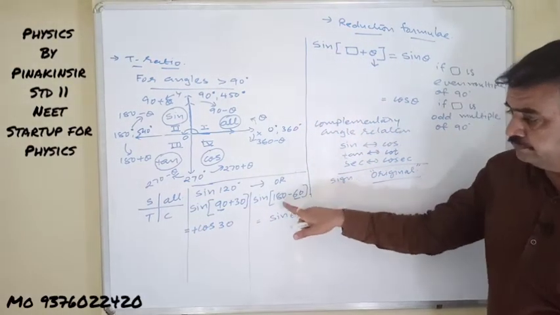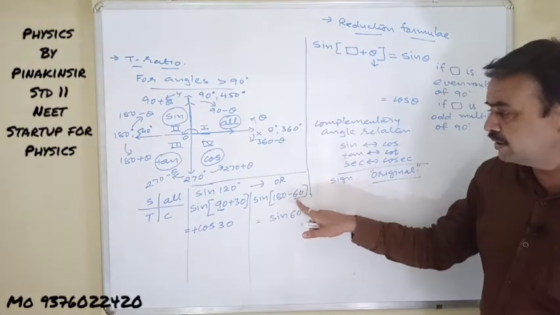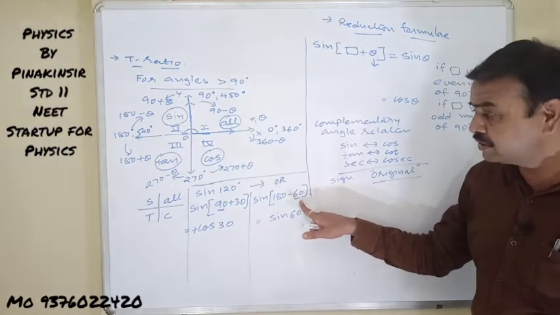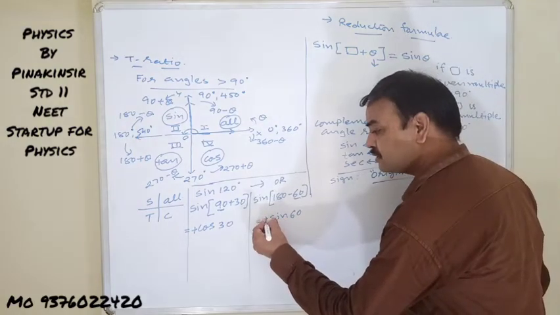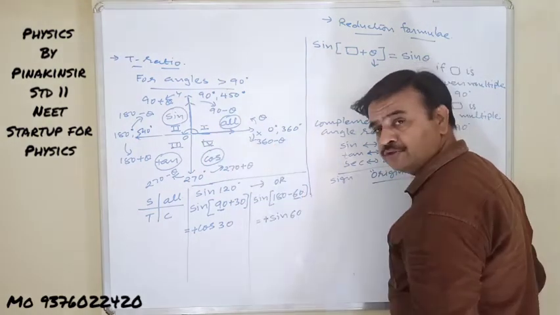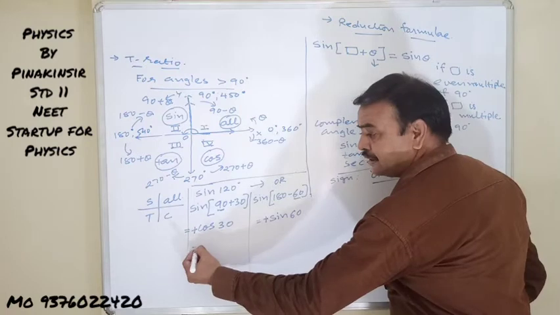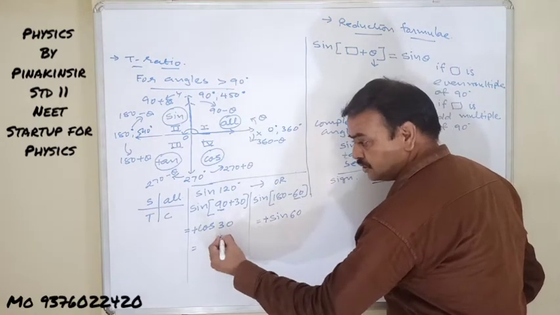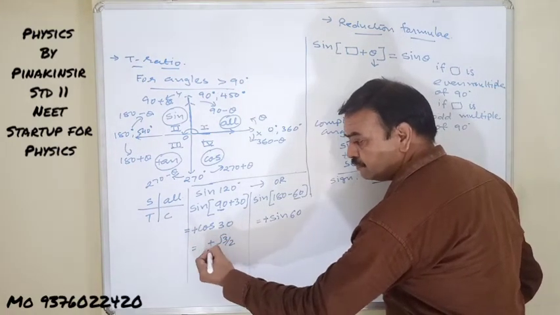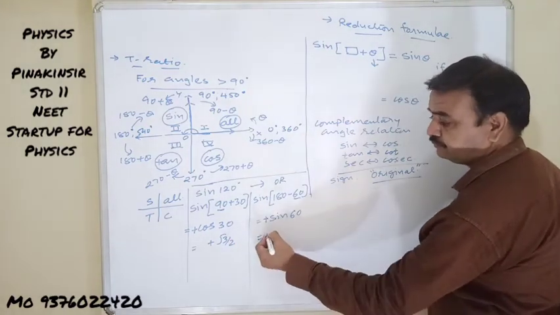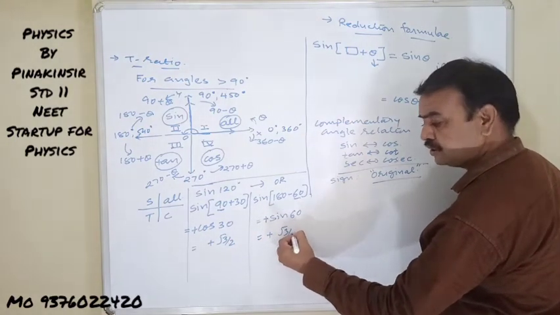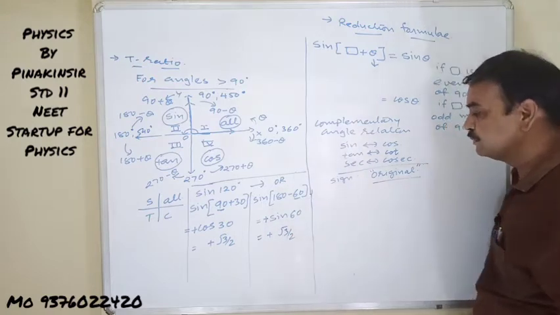Same way here, you are writing 180 minus 60, doesn't matter, but it is in the second quadrant, and thereby the sign of this particular answer will be positive, because sine is positive in the second quadrant. And the value of cos 30 is nothing but root 3 by 2. You can refer to it in the table. You have to memorize this one. Plus root 3 by 2. Again, sin 60 is root 3 by 2.